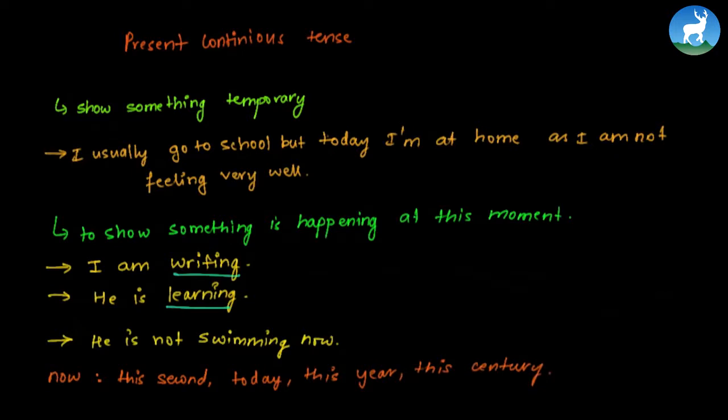So if we write, he is not swimming now, we either mean he is not swimming at this moment, at this second, or it also means he is not swimming today. So here, now refers to these phrases.